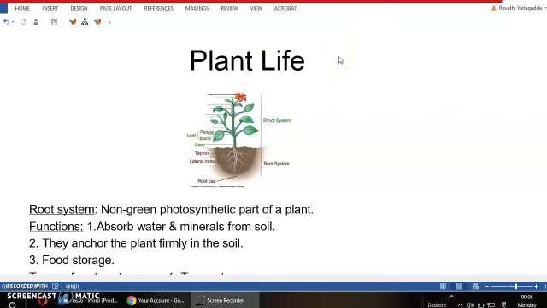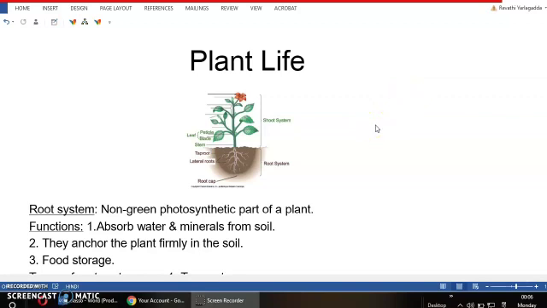As we know, plants have different sizes. Some plants are very short, some are medium sized, and some are very tall, right? And the shape of the plants also differs, some are very broad, some are narrow, some are medium size, like shrubs, herbs, everything we have studied in our previous classes. They also grow in different habitats.